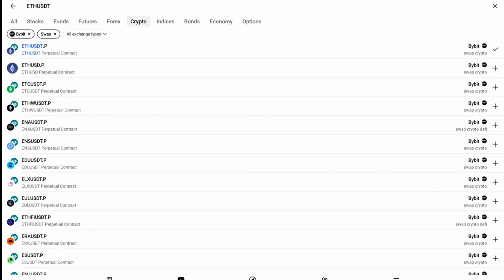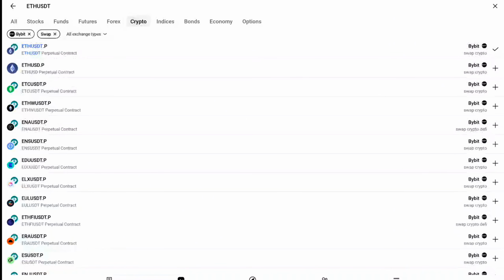So we've already narrowed down all our search results to Bybit alone, and we've narrowed it down to the swap option as well. So this is how you make your research on how to switch to a particular exchange's price action data feed, right?